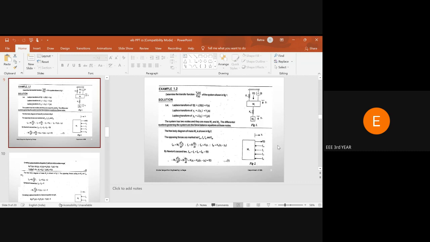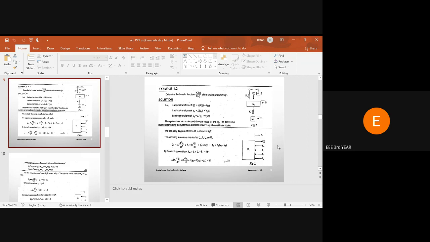Same, first note the first mass. In this first mass, applied force f of t, and opposing forces fm1, fk1, fb and fk2, by Newton's second law. Applied force equal to opposing force, applied force equal to f of t. Therefore, f of t equal to fm1 plus fb plus fk1 plus fk2.